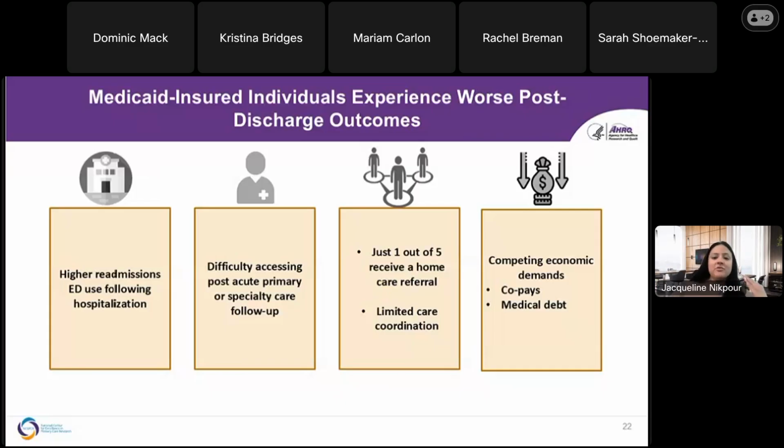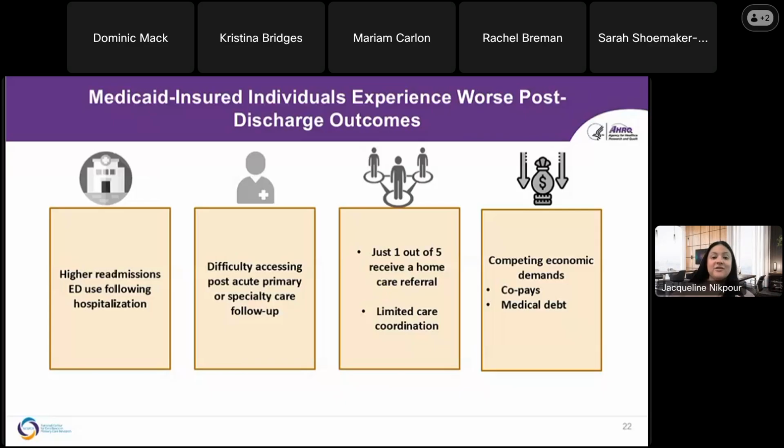Now, these are all solvable problems, and often in the Medicare program, a lot of that care coordination happens through home care, which can kind of help ease the transition between hospital and primary care follow-up. But in the Medicaid program, even though typically Medicaid insured patients in Pennsylvania are eligible for home care, because of some of the administrative complexities and logistics around home care referrals, a lot of times those referrals and those connections don't get made.